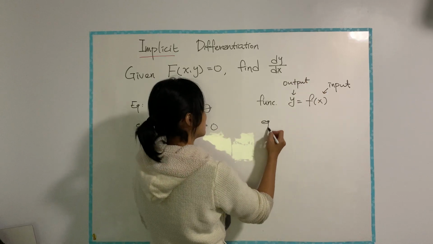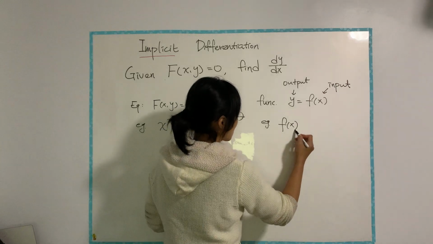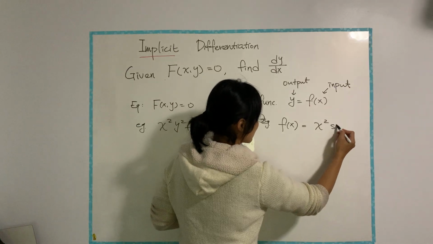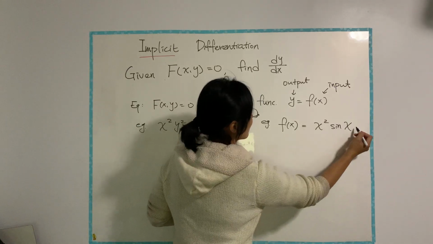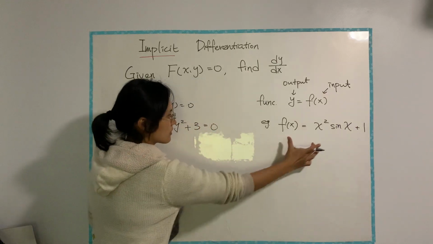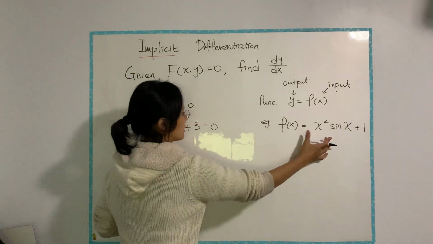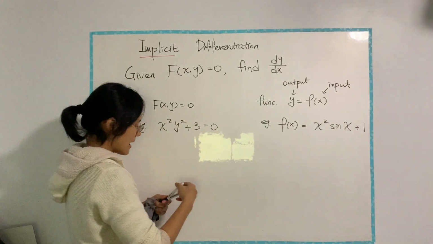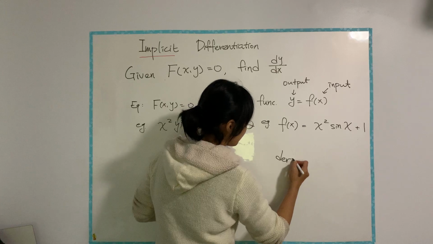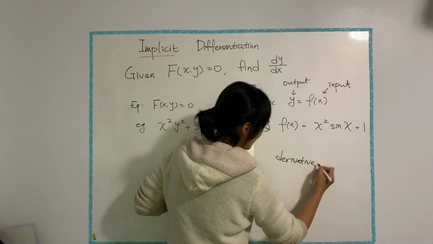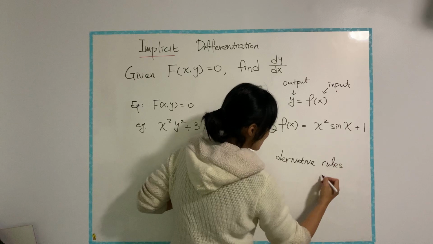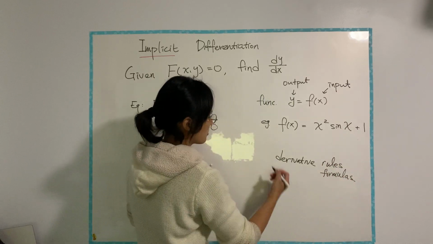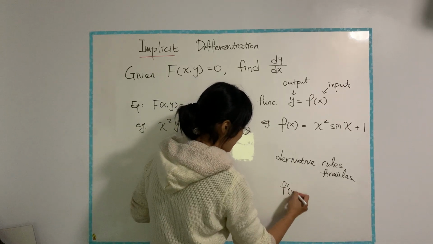So for example, you have f of x equals x squared times sine of x, let's say plus 1. This is what you have seen as a function, and this is what you have seen as an equation. You have a bunch of derivative rules as well as formulas that help you find f prime.